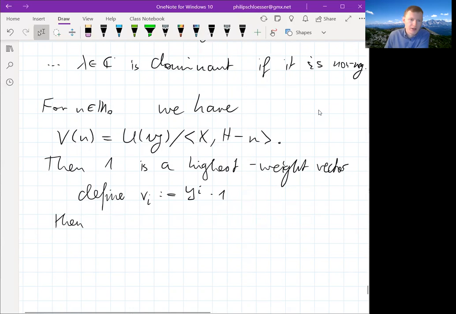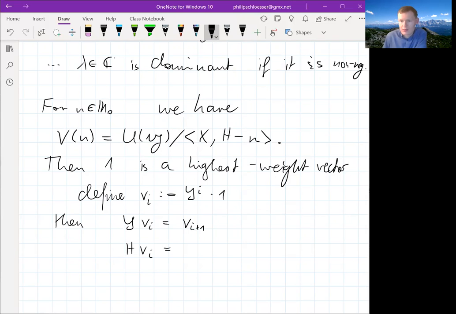Then on one hand we have y applied to v_i is equal to v_{i+1}. On the other hand, you can also ask, what is h applied to v_i? And basic calculation shows that this is equal to (n minus 2i) times v_i.